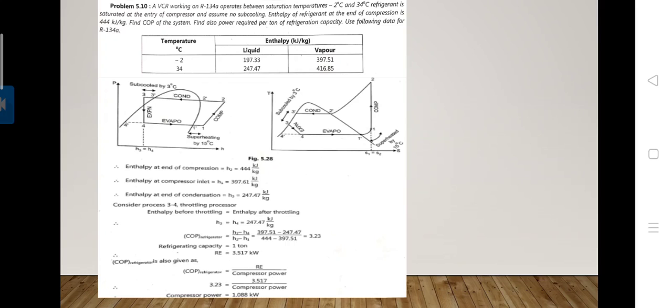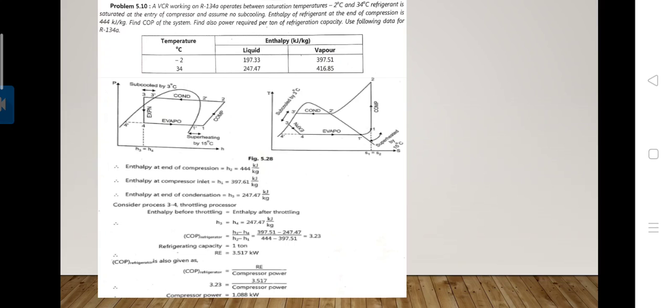So superheating is not done to increase the refrigeration effect or COP, but it is done to increase the life of the compressor. That's why superheating is necessary. Here in this problem we can see that from point 1 dash to 1 there is superheating, that is before the compression. Okay, and in the TS diagram also we can see it is superheated by 15 degrees centigrade.